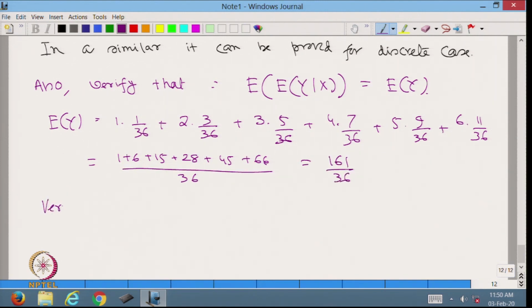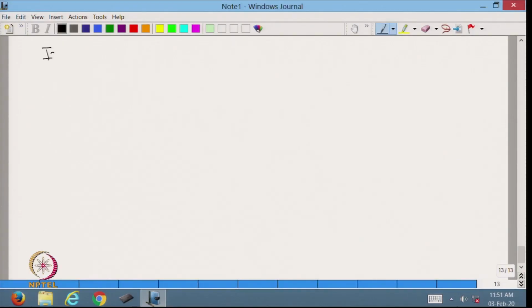Verify that expected value of y given x is equal to 161 upon 36.